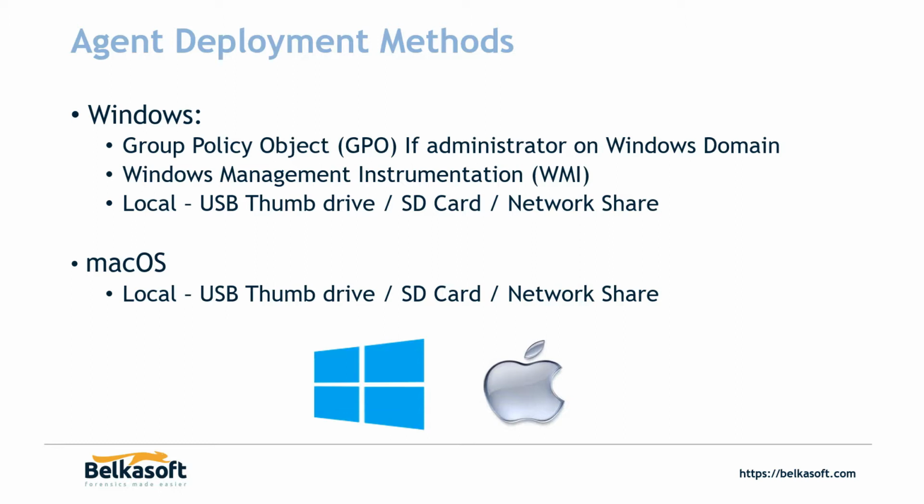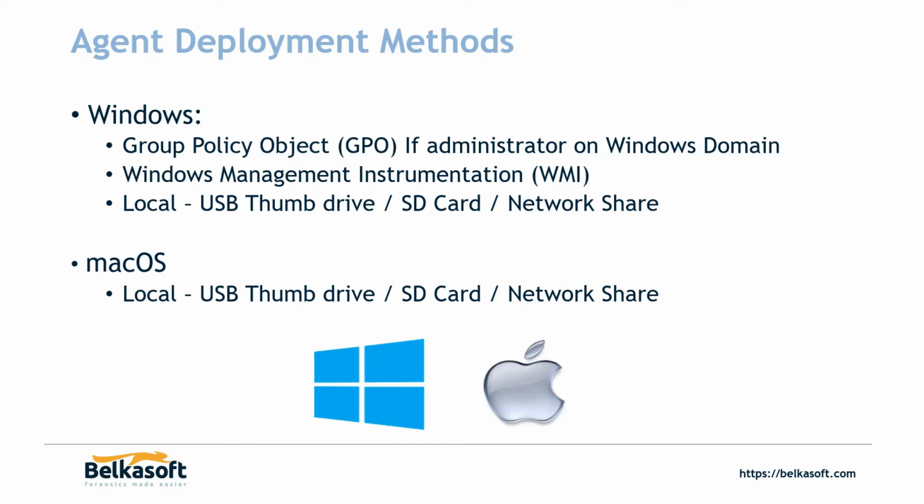Obviously, a GP update will have to be issued on the endpoints in order for this to take place. I also recommend tailoring this GPO to run at startup for this particular service. So that will allow the agent on the endpoint to automatically start and connect to your remote acquisition server anytime that the machine boots up.